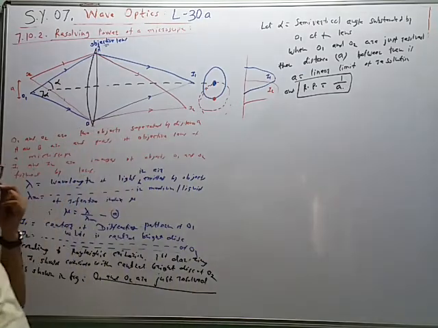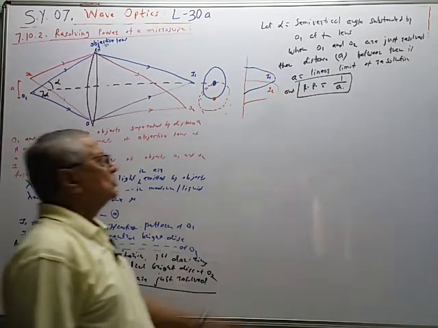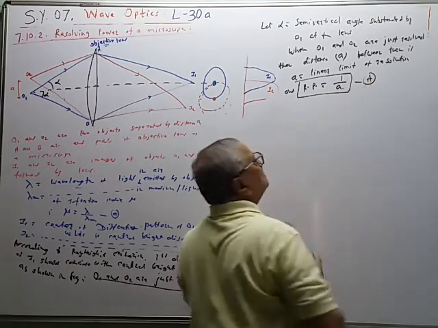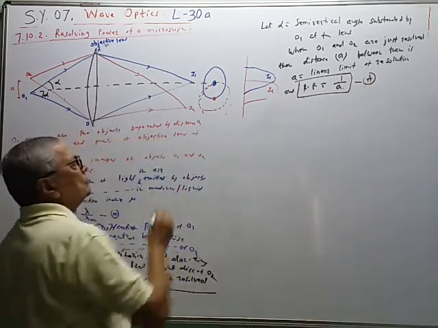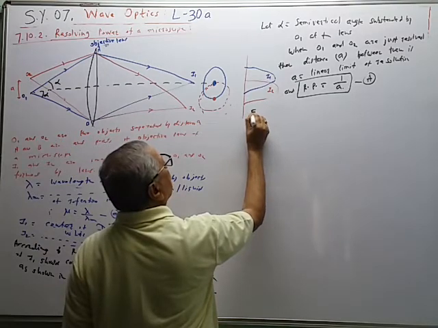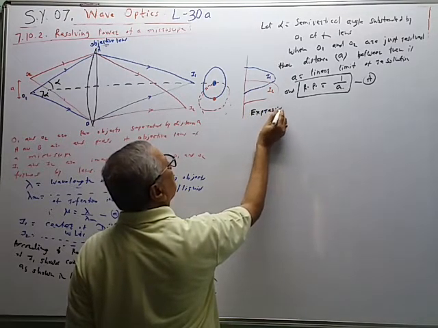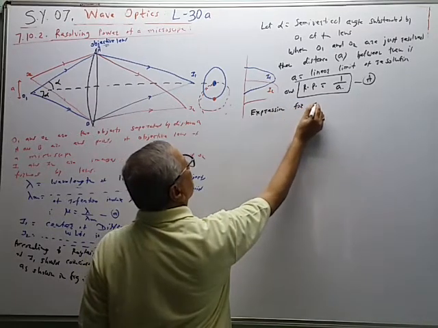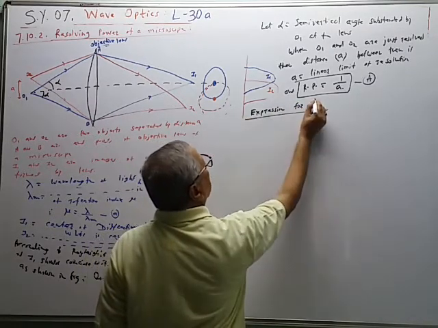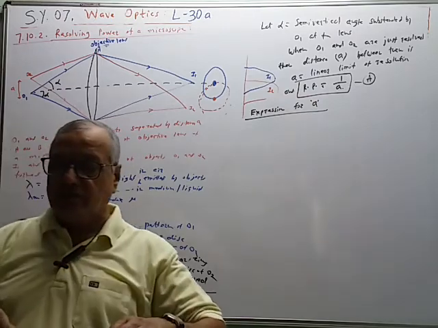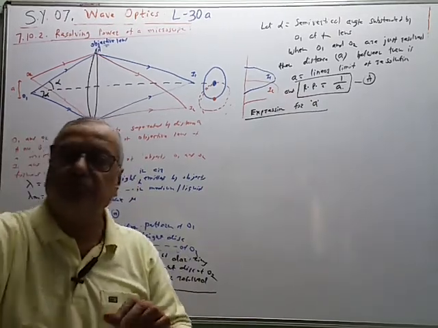So we have to find the value of e, the expression for e. And for that purpose, we will find the path difference.